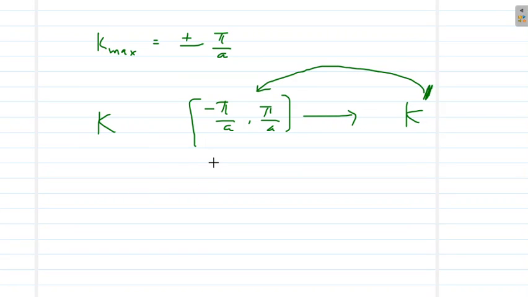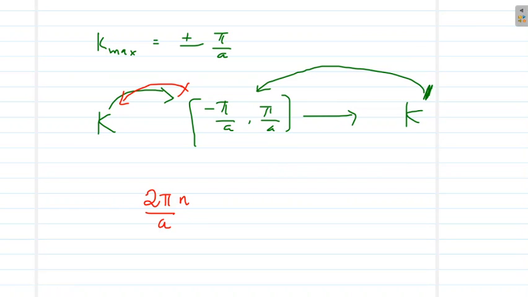I will show you how. For example, you have a wave vector K that is not in the range of minus pi by a to plus pi by a, outside the first Brillouin zone. Then you can change this wave vector K by a factor of 2n pi by a, where n is an integer, without affecting the real physical significance of the wave vector.